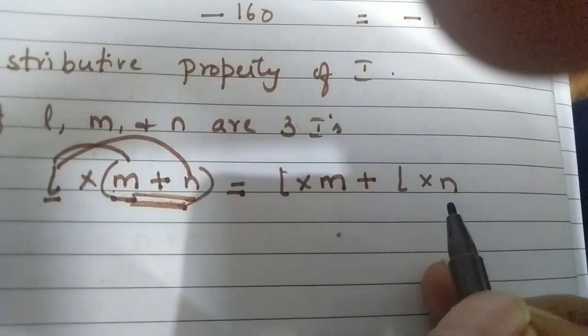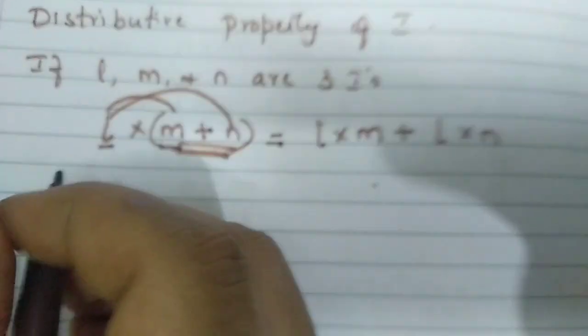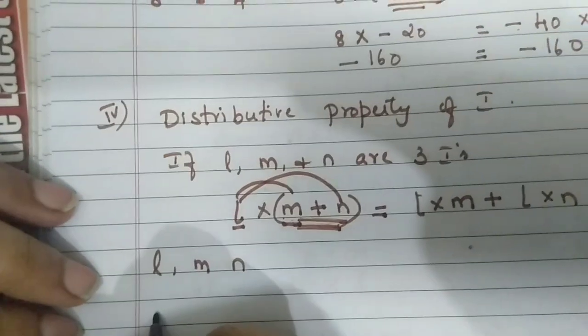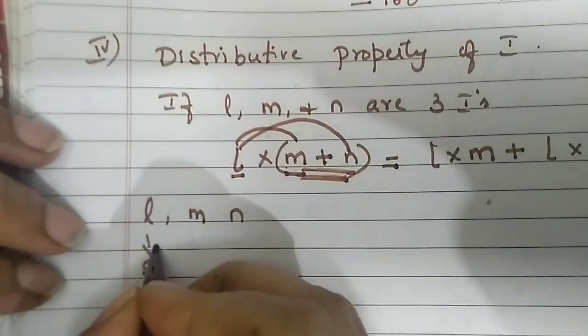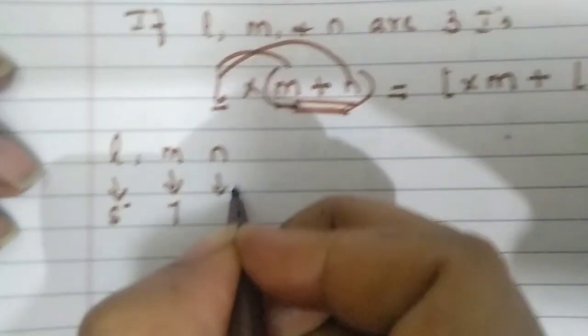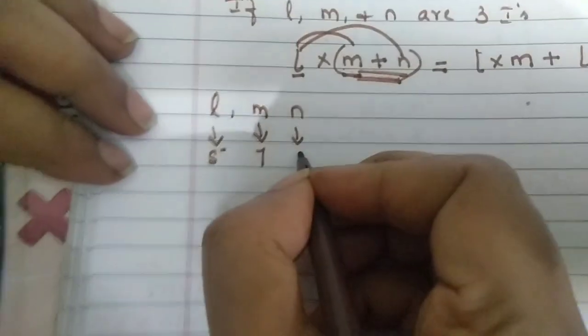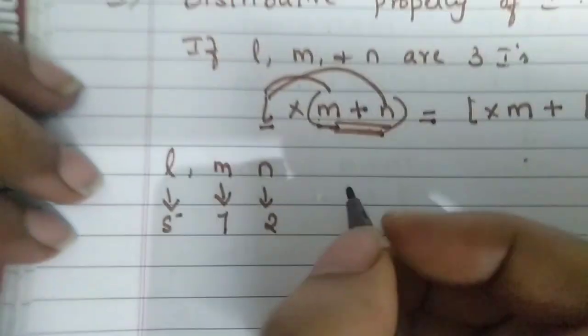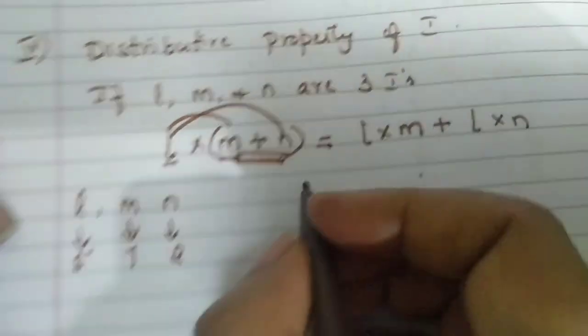Now let's go ahead and check with the numbers. Let's begin by giving some values. I'm going to take the value of L to be 5, the value of M to be 7, and I'm giving the value of 2 for N. So let's substitute it.